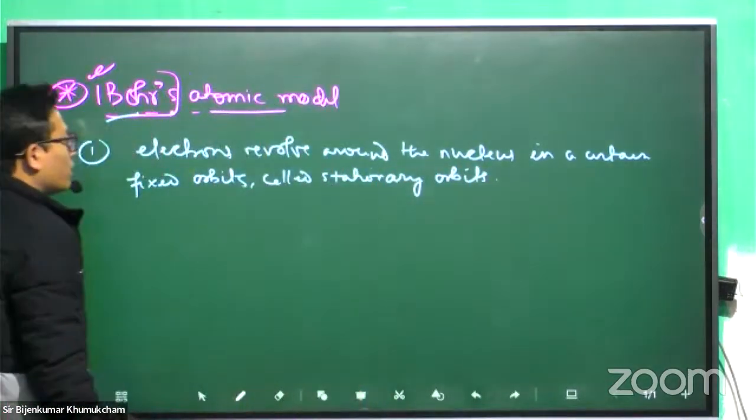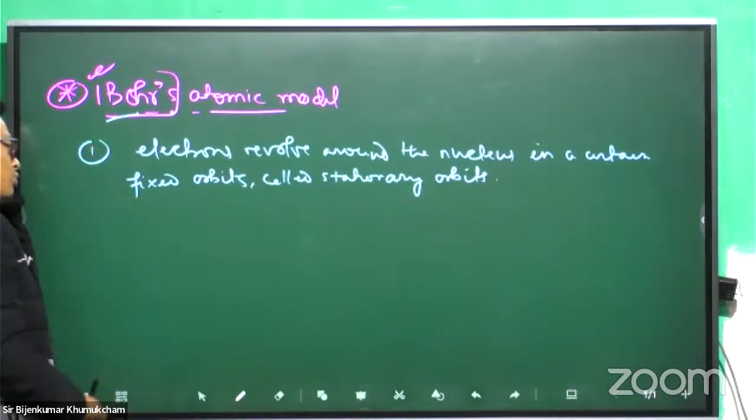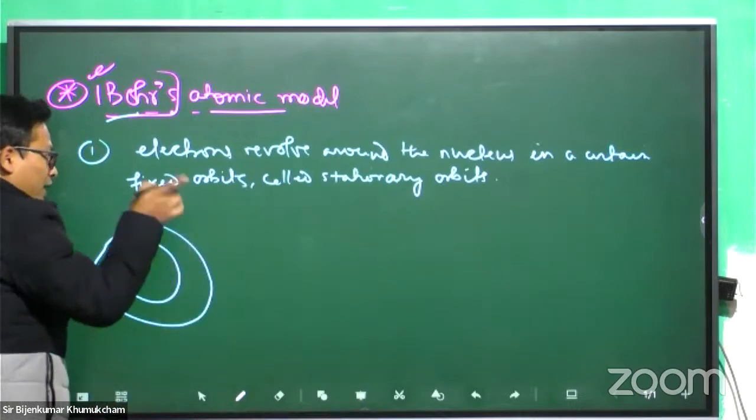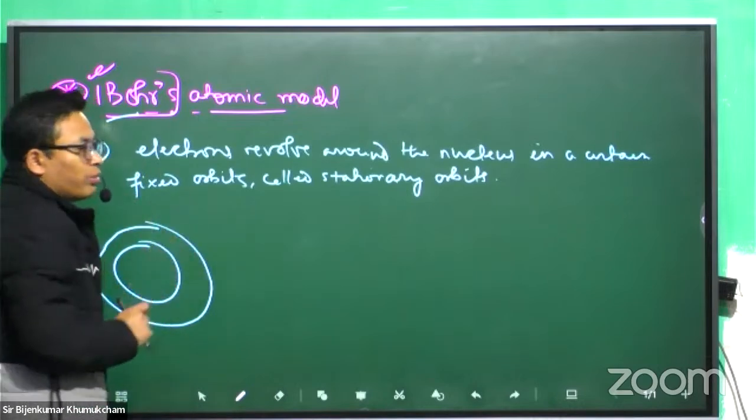Electrons cannot revolve in any orbit. Now it has to revolve in a certain fixed orbit.